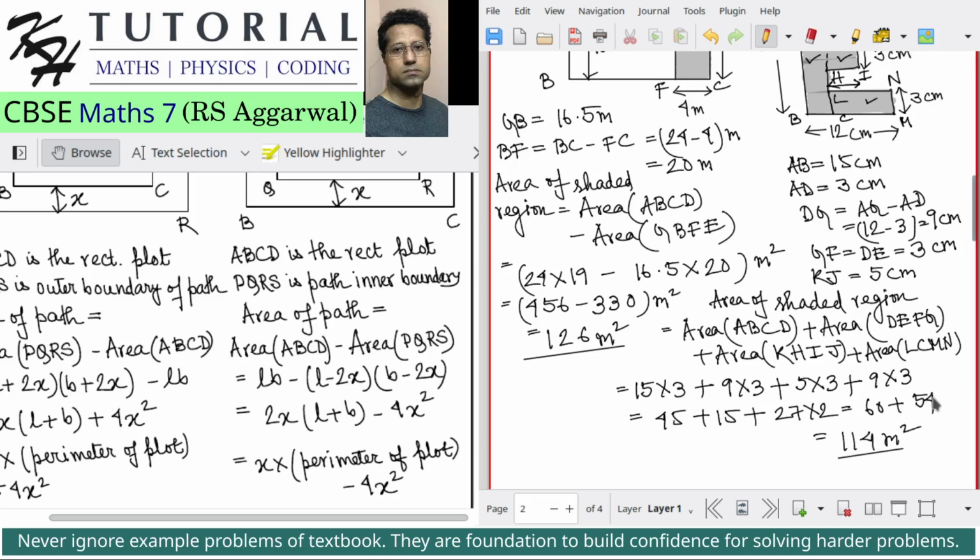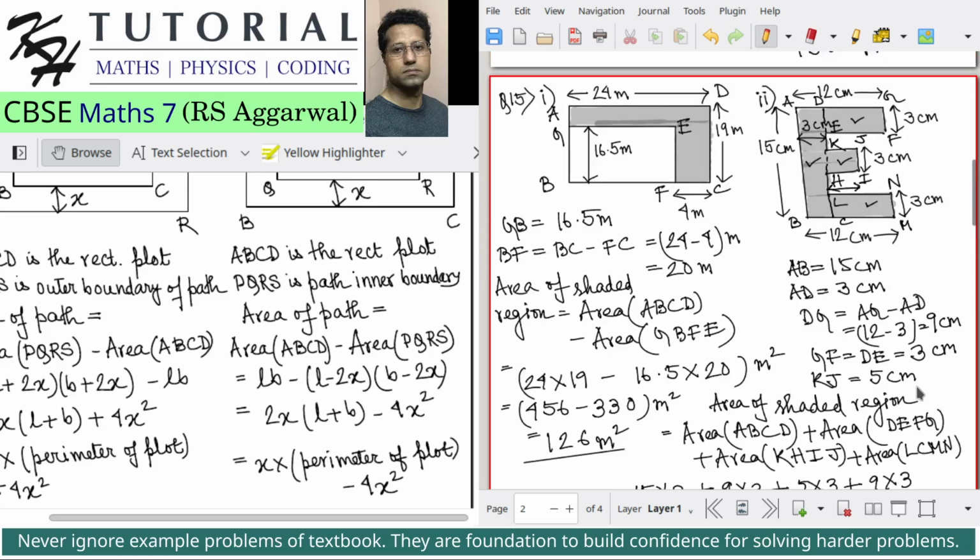So 114 meter square is the area of the shaded region. The idea was to divide the shaded region into 4 rectangles that do not have any overlapping region. So I can add up the individual areas of the 4 rectangles, and that will give the area of the entire shaded region.